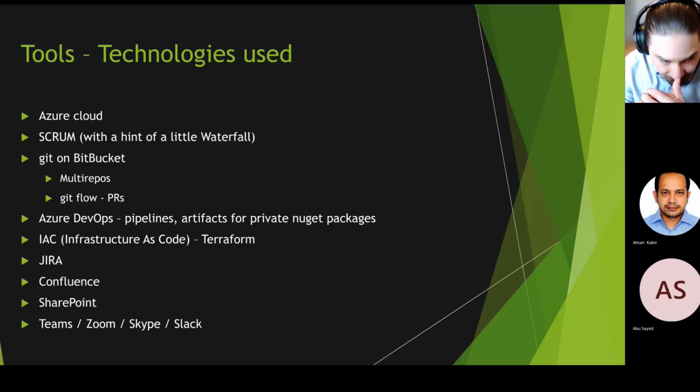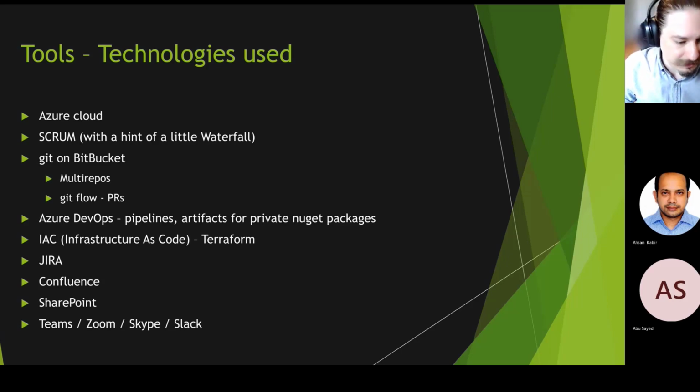Okay, and we use Jira for handling the project, and we use Confluence to have the documentation. And we use SharePoint as well to share files. We use many clients or many services or platforms to communicate.